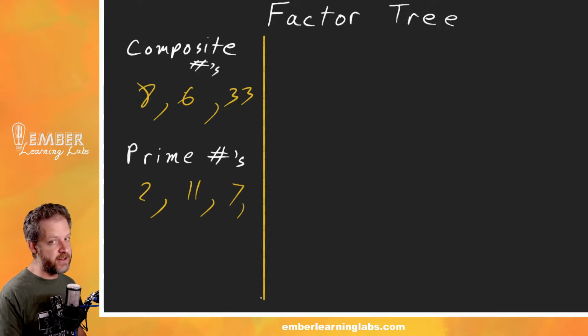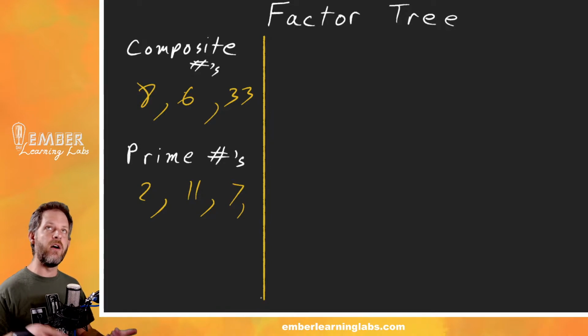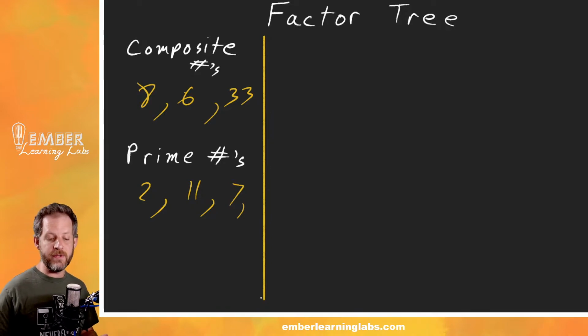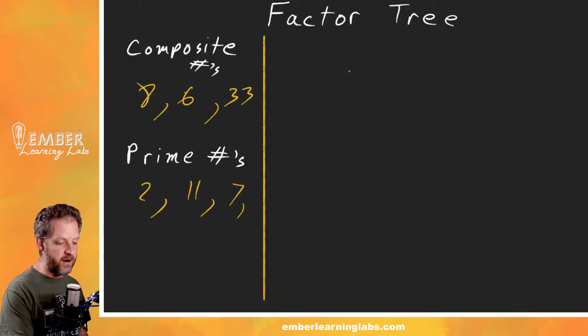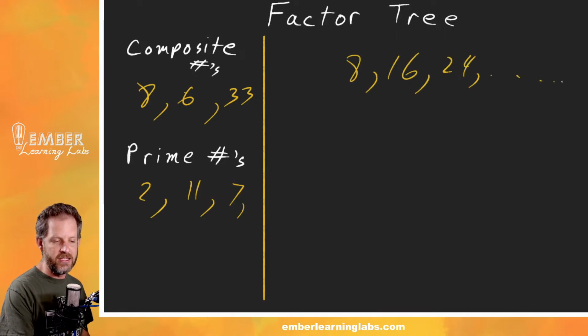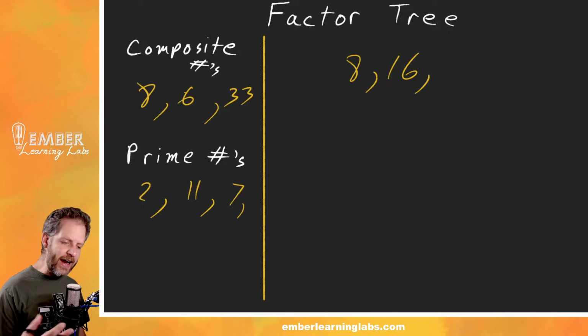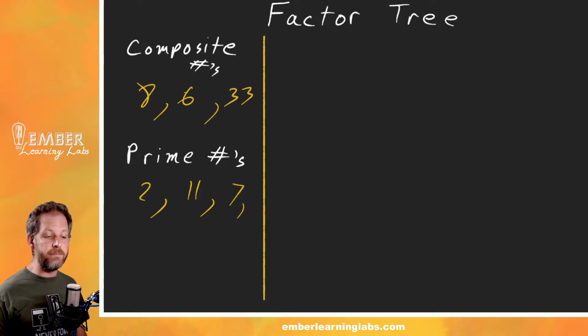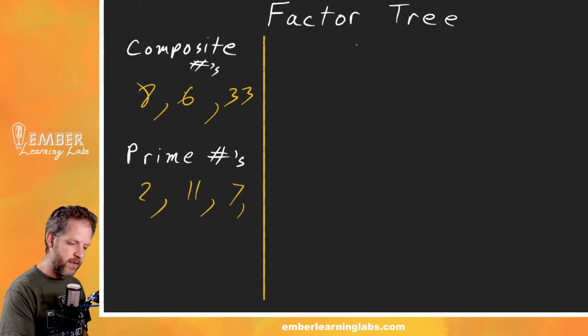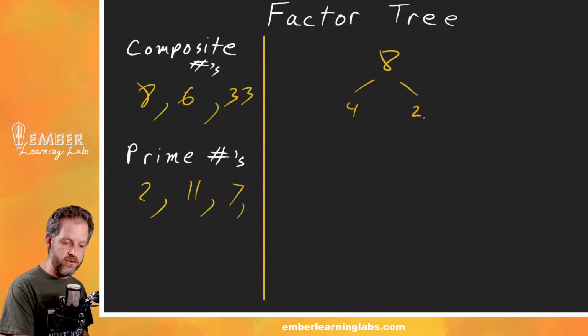Now, what are factors? We talked last lesson about multiples. Factors are kind of the opposite. So multiples, remember, are like 8, 16, 24, etc., right? Those numbers are multiples. Factors are what things can multiply to get a number. So like 8, we can split it up into 4 times 2, right?